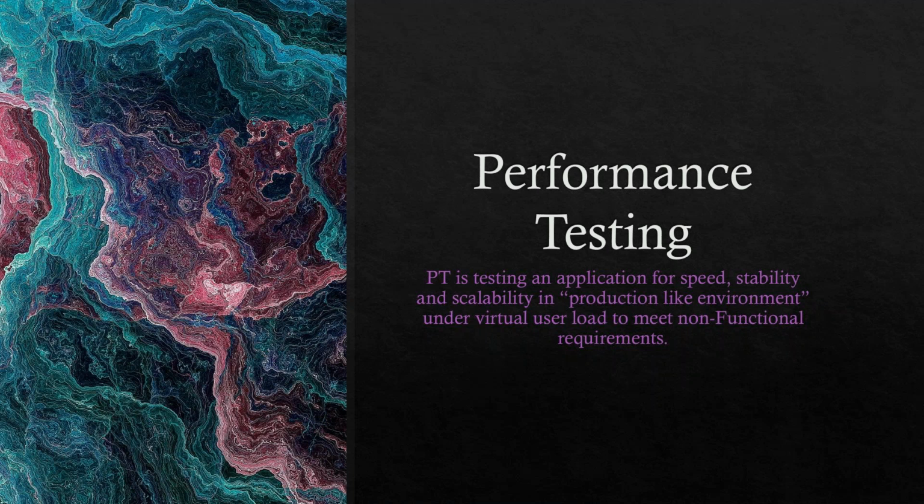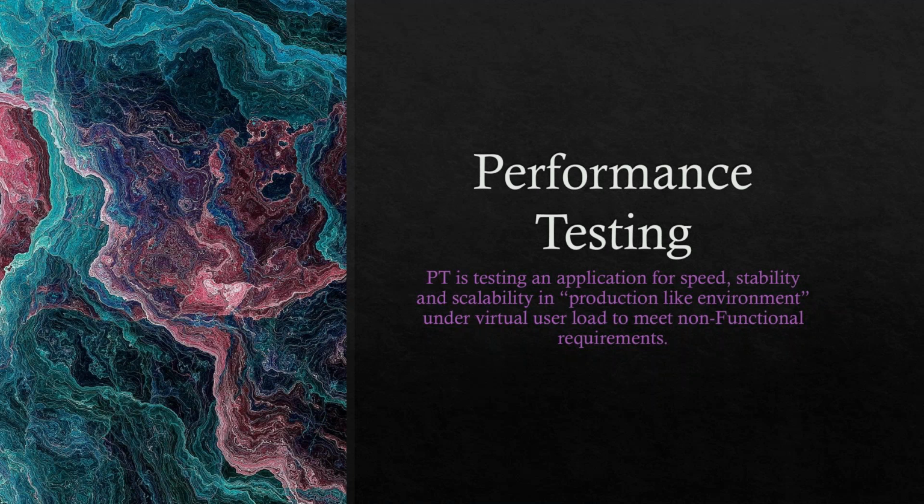Now if you see here, performance testing, or PT in short, is testing an application for speed, stability, and scalability in a production-like environment under virtual user load to meet non-functional requirements. This definition looks like some complex words put together, becoming a textbook kind of definition.